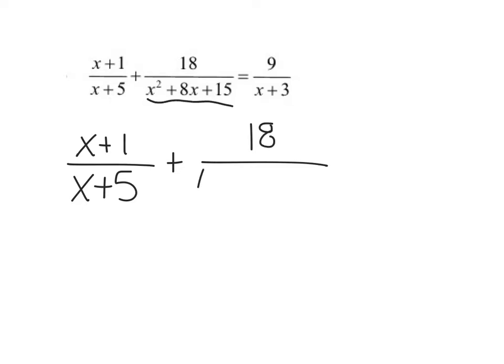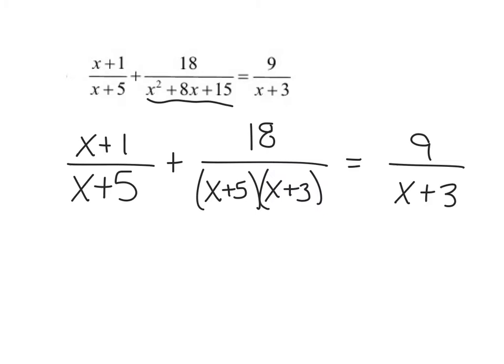Again, trinomial, multiply, add, multiply. X and x, let's see, 5 and 3: x plus 5 and x plus 3. And then I've got equal 9 over x plus 3. Let's put a nice little star there, and let's go factor first. Make sure you factor those denominators. I didn't put that in the directions because I thought that was implied from our past few days. But let's make sure we factor first.